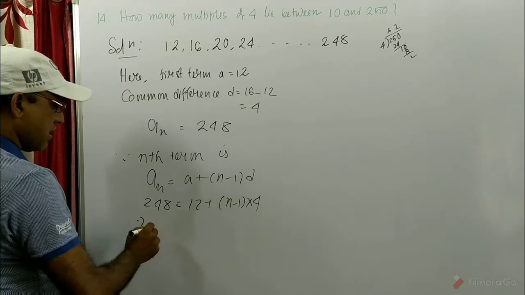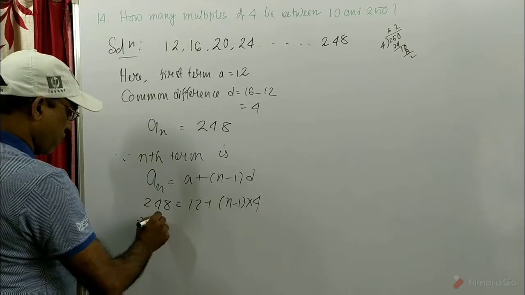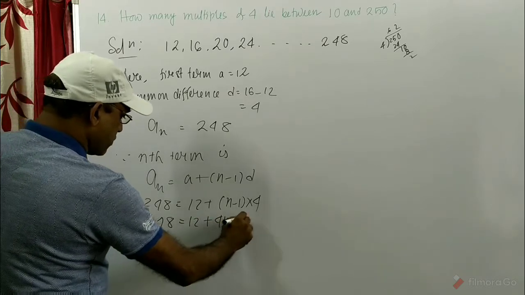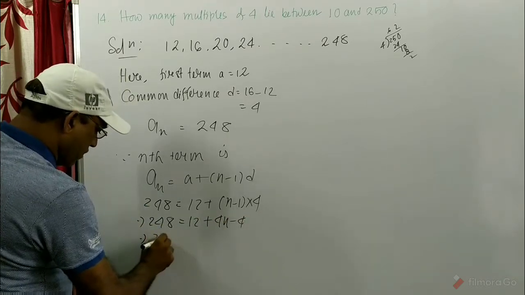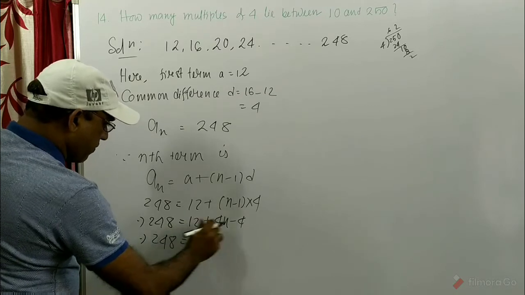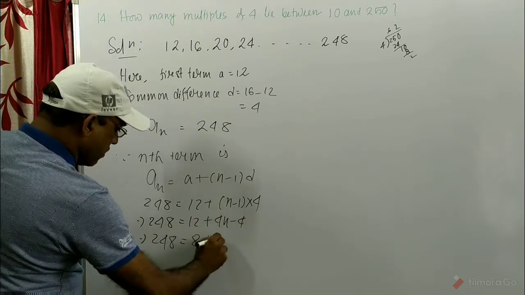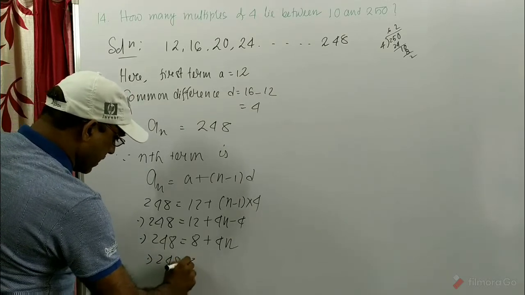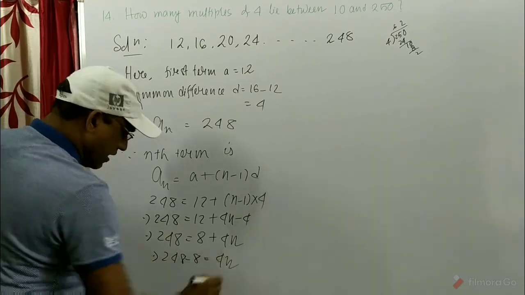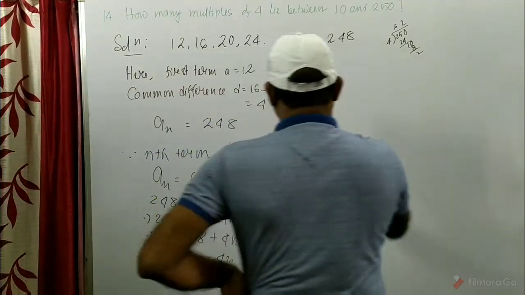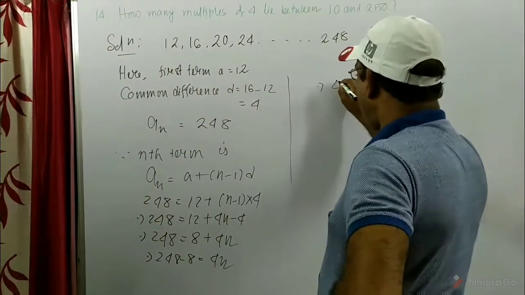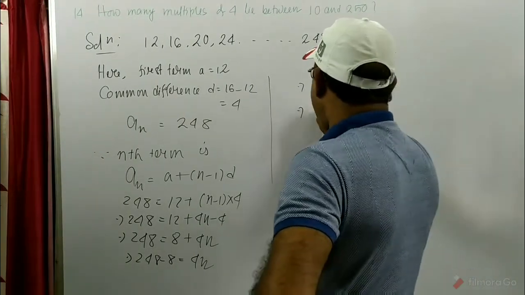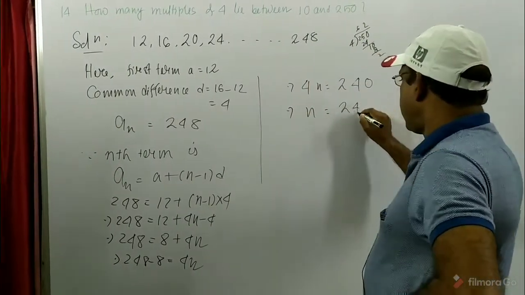So 248 equals 12 plus 4n minus 4. 12 minus 4 is 8, so 248 minus 8 equals 4n, which gives 4n equals 240.